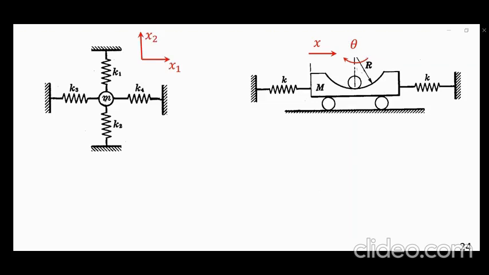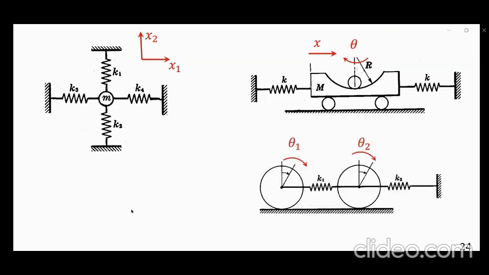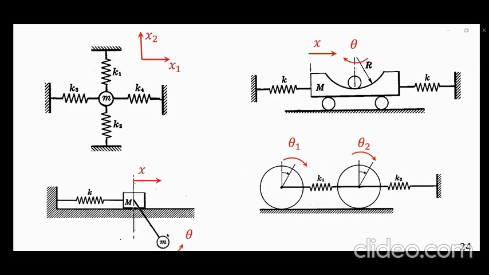Now, here's another situation. This also is a 2 degree of freedom system because this mass can vibrate in the X direction and Y direction, or X1 and X2. So this is a 2 degree of freedom system, but we're not looking at 2 masses, because as I said, most of the problems that we have done have 2 masses. Or here is the situation where these 2 are vibrating back and forth, a rotational motion, and these are degrees of freedom theta 1 and theta 2.